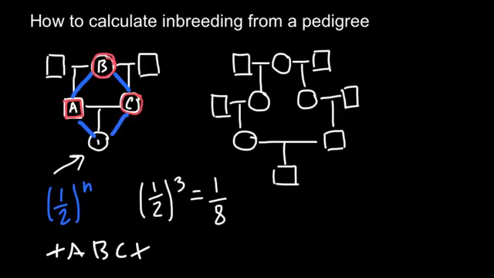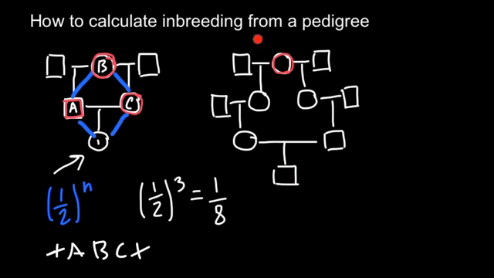So here we have a slightly different situation. Once again we have one common ancestor here, and I would use red color. For example, this person would be a common ancestor to this, and of course to this and to this.